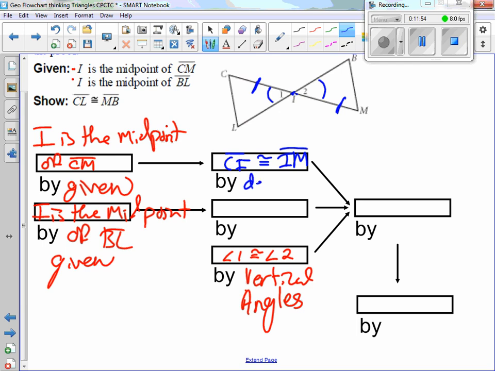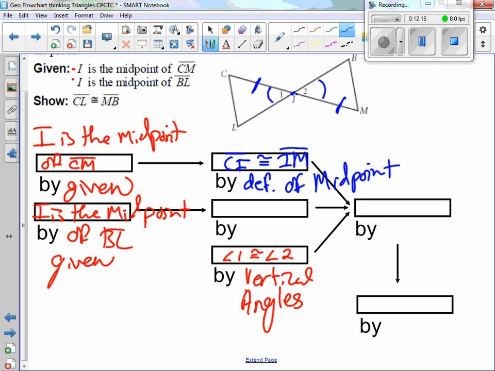Well, why do we know that? The definition of midpoint. The definition of midpoint tells me that it cuts it into two congruent segments. It cuts it in half. The midpoint is the middle. It cuts the line in half, yes?